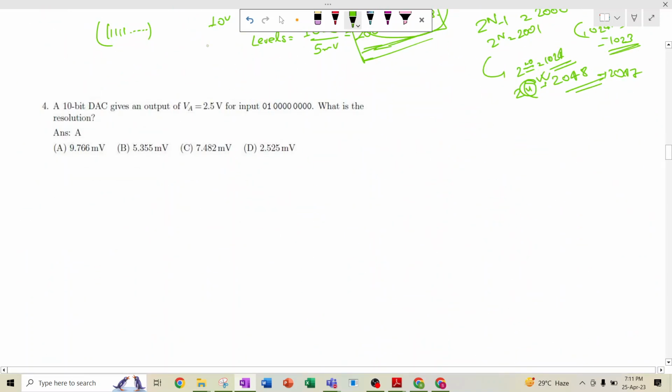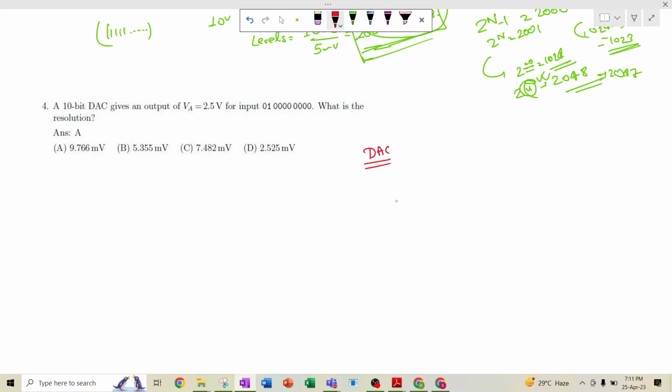Okay, the next question: a 10-bit DAC gives an output VA equal to 2.5 volt for this input. What is the resolution? This is a very easy thing. Here we are now considering the DAC. I am just discussing the basics of how the DAC works.